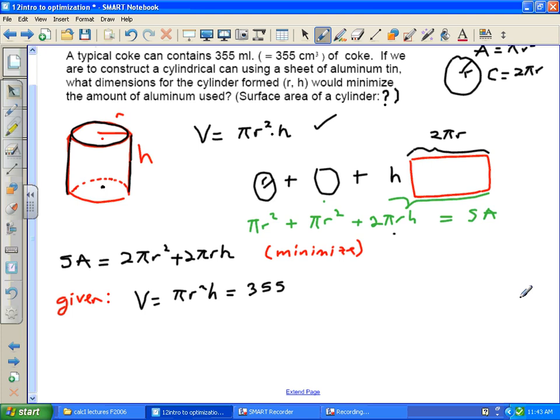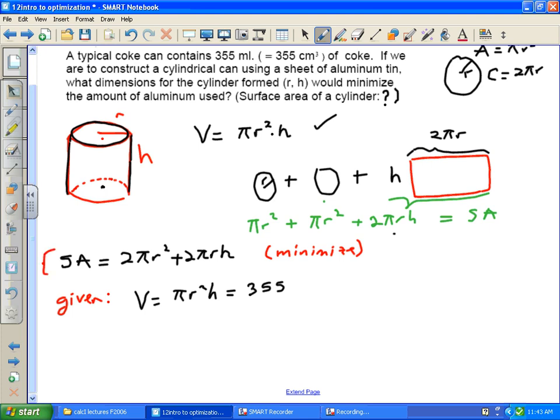It has to be 355 milliliters, or cubic centimeters, and they want us to use as little aluminum as possible to create this can. So we want to minimize the surface area, which was given by 2 pi r squared plus 2 pi r h. Now we need to get our objective function in terms of only one variable.